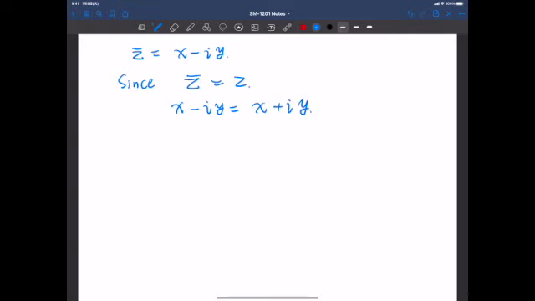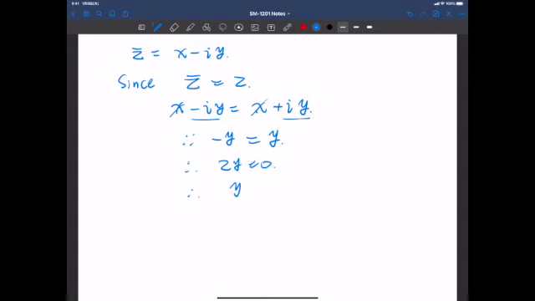So this x and this x cancel. Therefore the imaginary parts must be equal. So that means negative y is equal to positive y, so 2y is equal to 0.